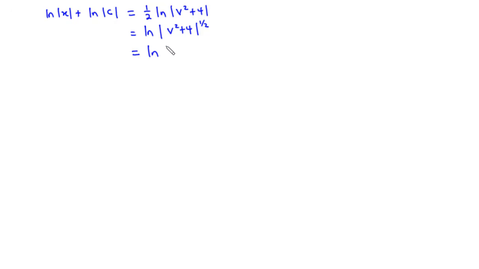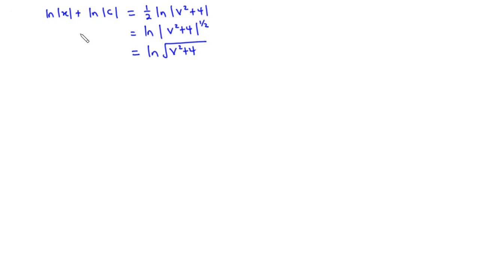Now this 1 over 2 here becomes an exponent on this, so we are going to have ln of absolute value of v squared plus 4 all to the exponent 1 over 2, and then this simplifies to ln of the square root of v squared plus 4.